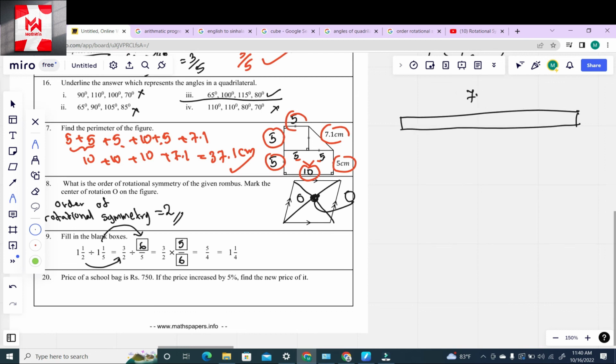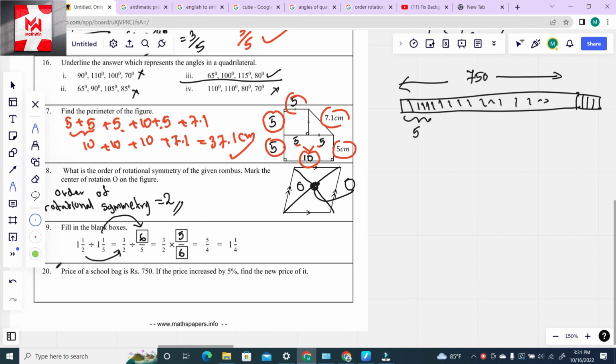The price is increased by 5%. That means the price is divided into 100 pieces, and 5 pieces it is increased. That means another 5 pieces here. Now that is the new price.